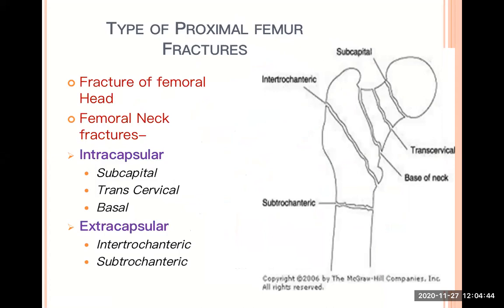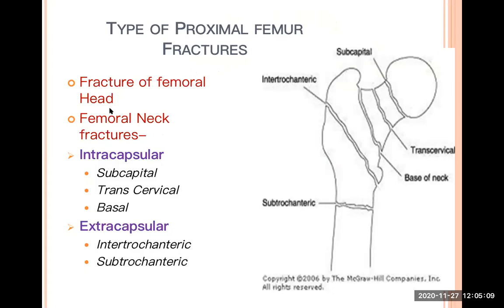Now, with this knowledge, let's enter into the classification of proximal femur fracture. Though you already know these terms, it is very easy for you to understand now. So, all of you, please focus here. Fractures of the femoral head and femoral neck, we roughly divide into two types first.